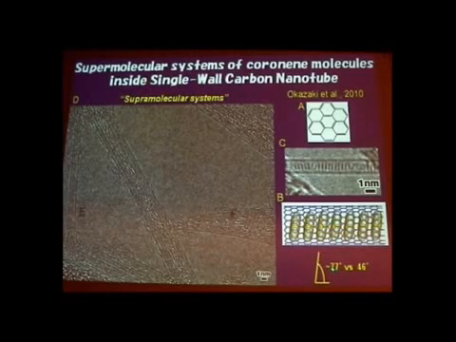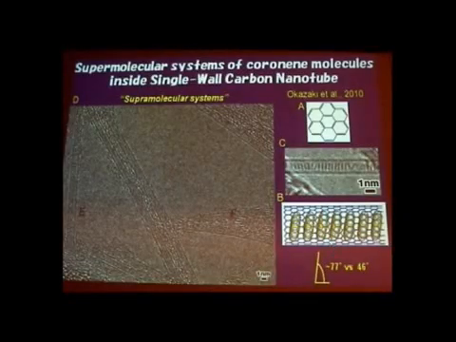The angle is something like 77 degrees, okay? But 60 or 46 degrees is for the bulk coronene crystal structure. So the crystal is always around 45 degrees. But if you put them into the nanotube, they are standing up much more like that.